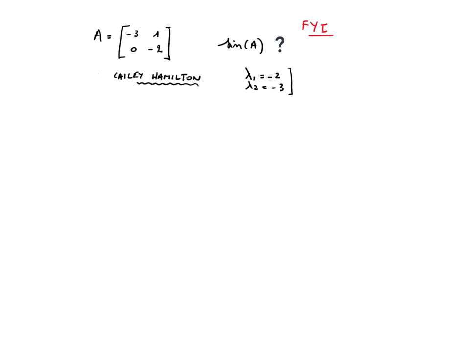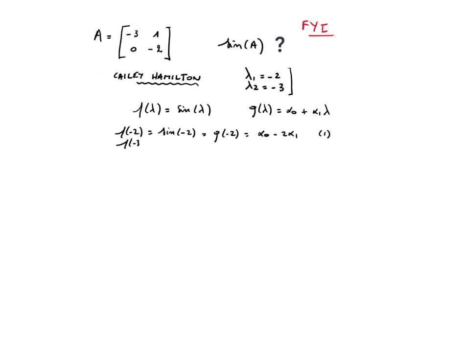So we use the same trick. f of lambda is now the sine of lambda. g of lambda is still our first order polynomial, alpha 0 plus alpha 1 lambda, 2 parameters, and there are 2 constraints. f of -2, which is the sine of -2, is equal to g of -2. That's alpha 0 minus 2 alpha 1, and this is equation 1.